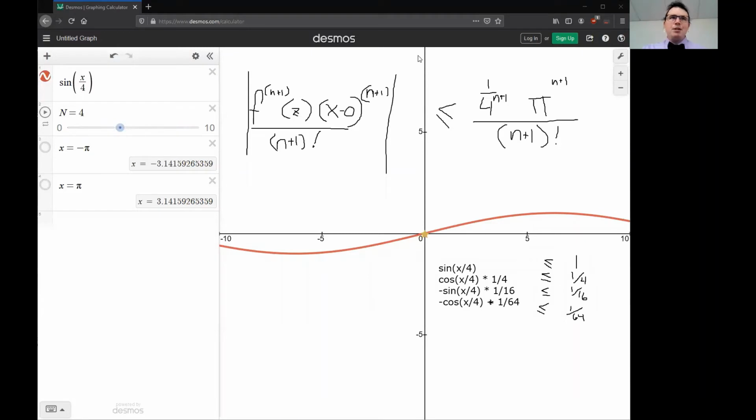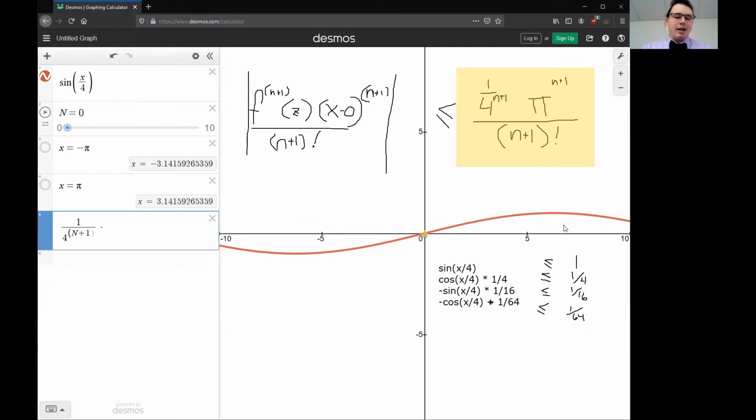So I'm going to use this fraction here to do my estimation. If I can get this fraction less than my margin of error, I'm all set. Now, I've set Desmos up here to have a slider for a variable n. So I'm just going to type in the formula. I want 1 over 4 to the power n plus 1.